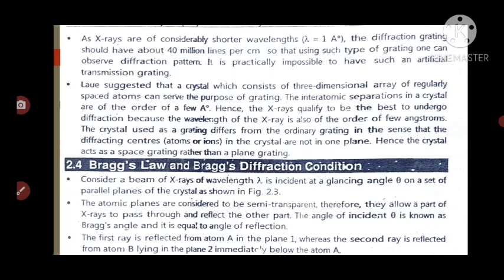First of all, consider a filament which is supplied with a current, for example on a small scale of about 1 milliampere to 2 milliampere.